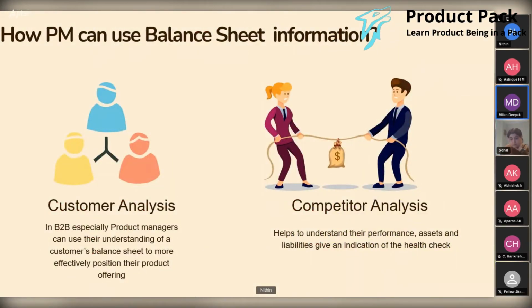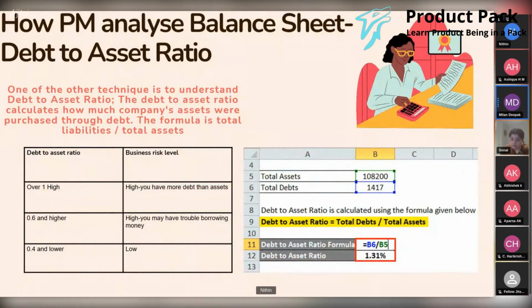Ma'am, am I audible? Ma'am, right now you told, right, debt to asset ratio, if it is 2%, it's really high, right? Yeah, yeah. So over 1 is considered high. Okay. Ma'am, one more question.